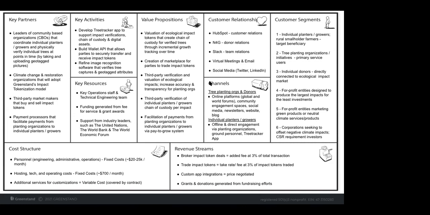We went through the whole exercise of looking at our customer relationships, the segments, the channels, etc. This is something David really helped us define, and we spent quite some time to refine it and get it to this state.